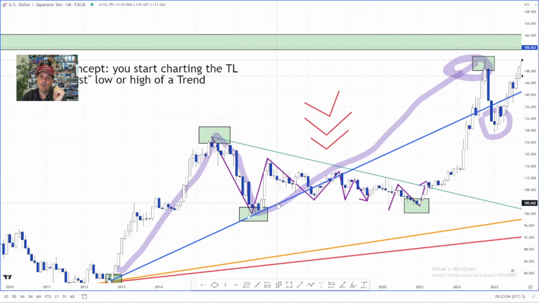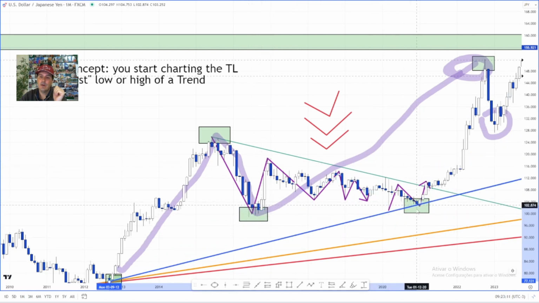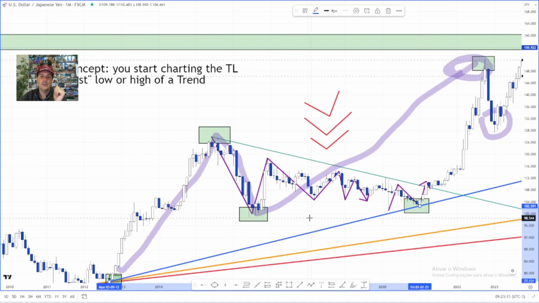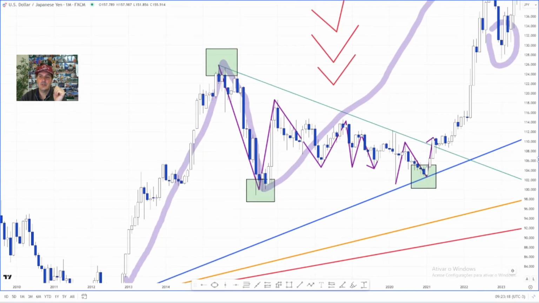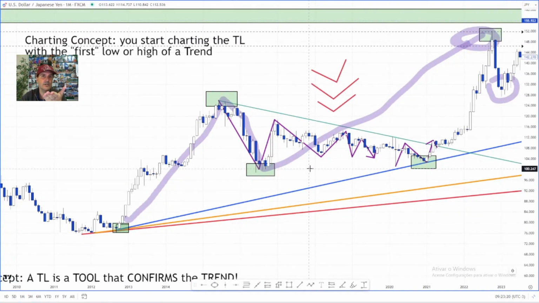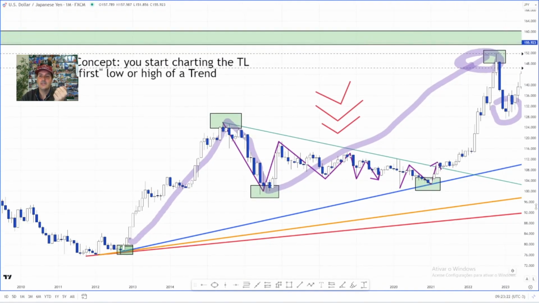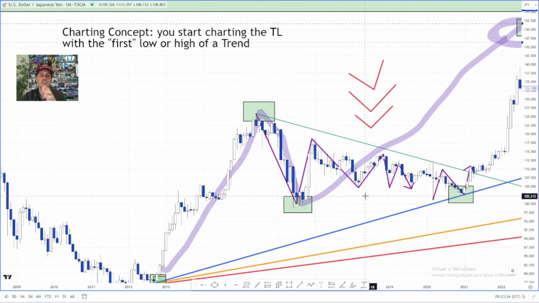Alright, so just in conclusion, even though this is the market structure low, this is the market wave low, the lowest low in the market wave, the market structure trends, this doesn't change. Listen to me, whatever pattern you find on the chart, this doesn't change the rules on how to chart the trend lines.